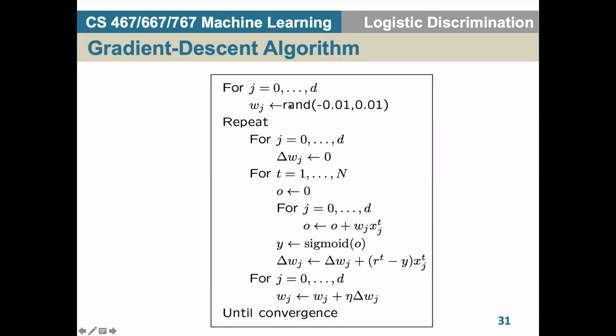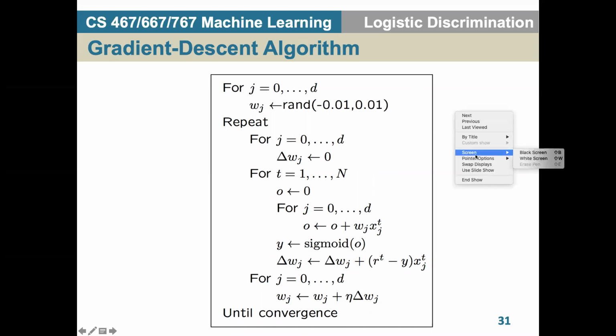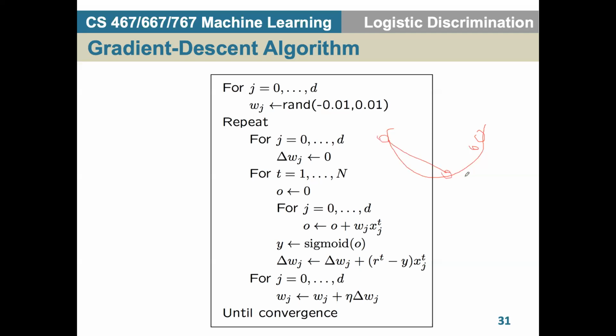But you need some randomness, so usually we'll add some randomness. In this example, it's fine, because it's convex. Let's say you have a ball, and wherever you put it, it will reach the minimum because it's convex.